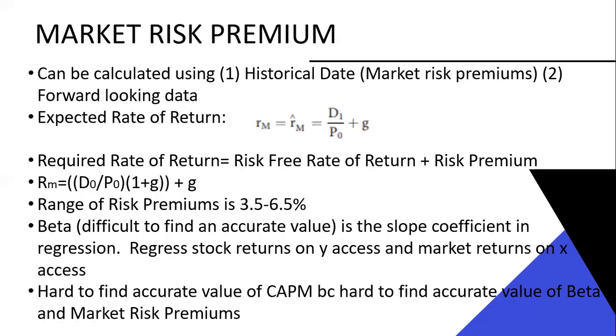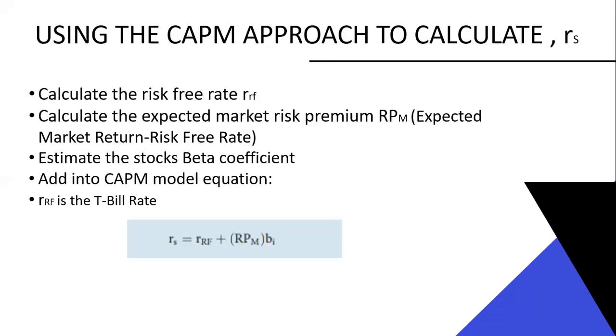Now, we've discussed this a little bit, and I'm going to talk to you a little bit more about the market risk premium, which is what we have right over here.